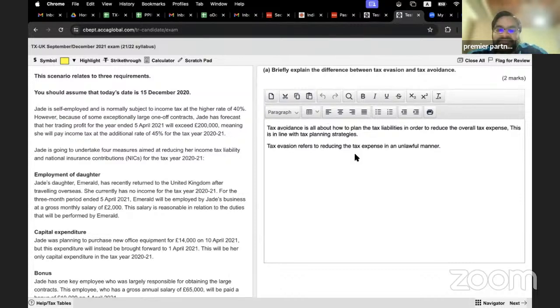In simple terms, if you write something like this, you are more than good enough to score the 2 marks. You don't need to write a lengthy para, it's only 2 marks. Just 2 sentences like this will bring you the whole 2 marks. We are good? Great. Then let's move on to the next question.